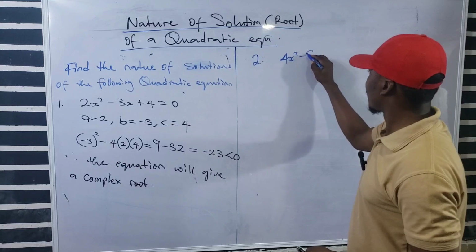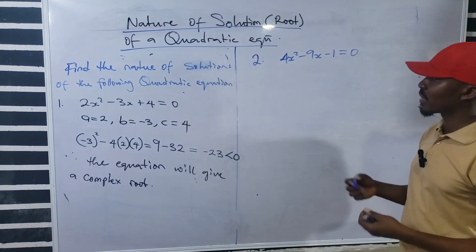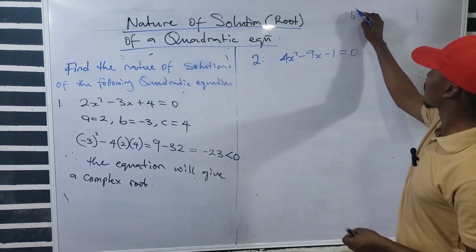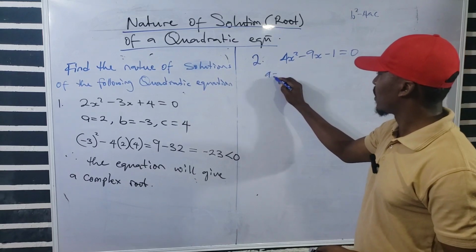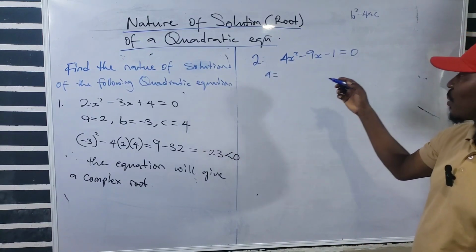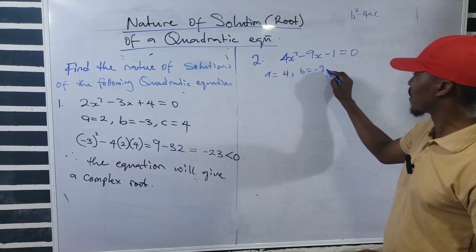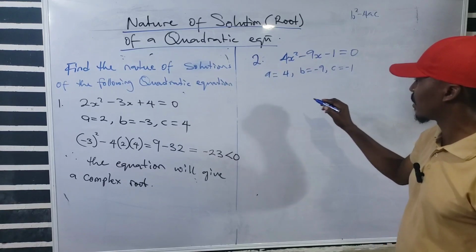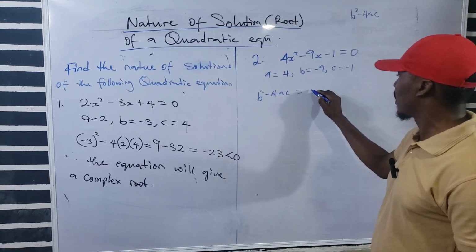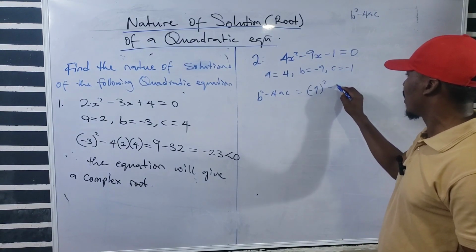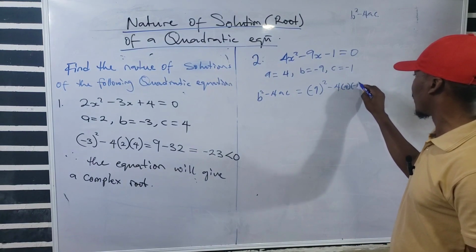4s squared minus 9s minus 1 equal to 0. So what are we testing it with? We are testing with b squared minus 4ac. Let's first of all list out our coefficients: a equals 4, b equals minus 9, and c equals minus 1. b squared minus 4ac gives us minus 9 squared minus 4 into 4 into minus 1.